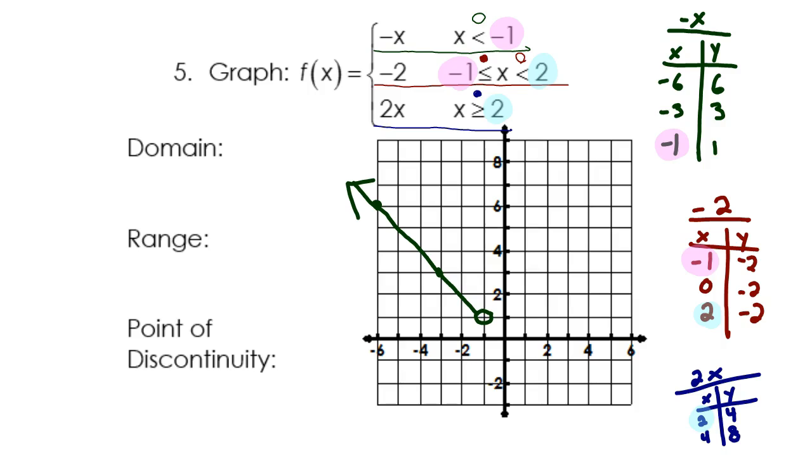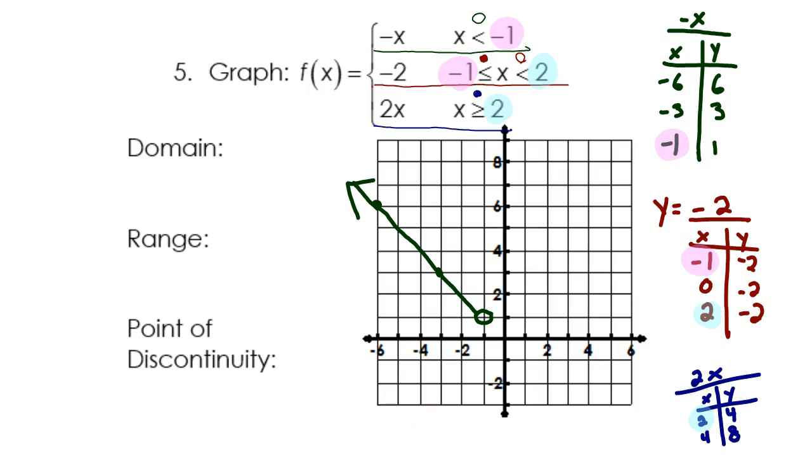The function switches to something new from -1 to +2. So I need both of those boundaries as x values, and I want to choose something between them to make sure that I get a good straight line. I basically have a function that is equal to -2.